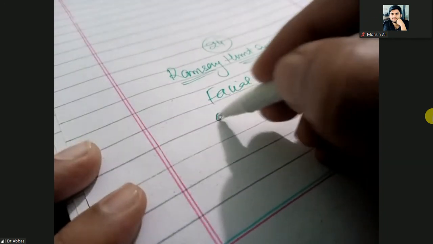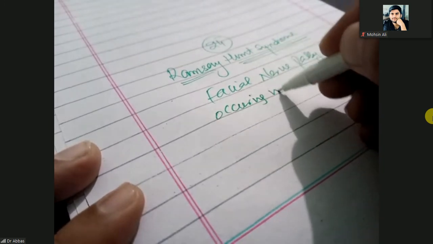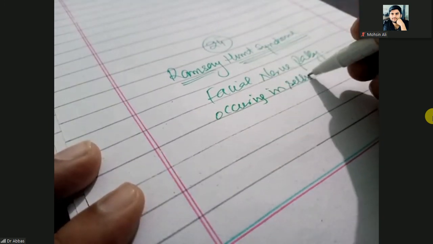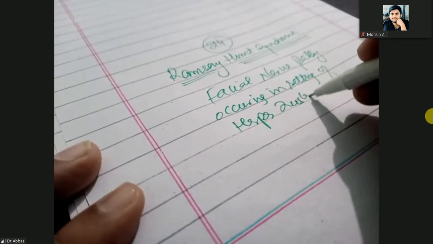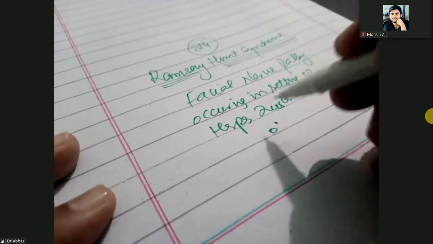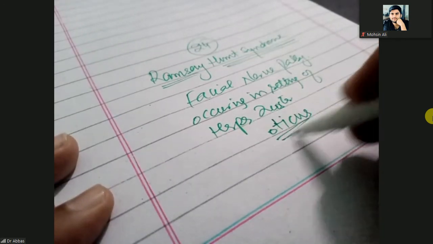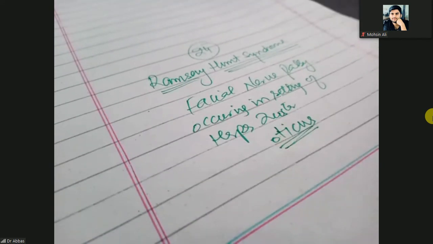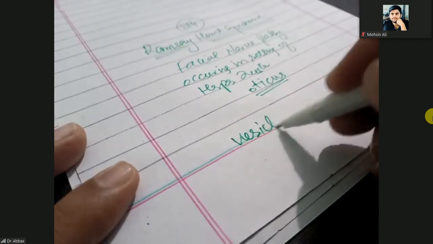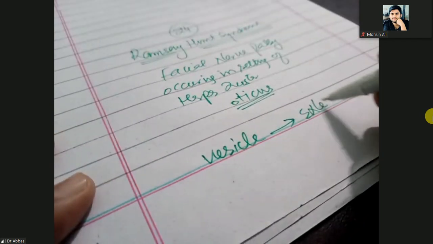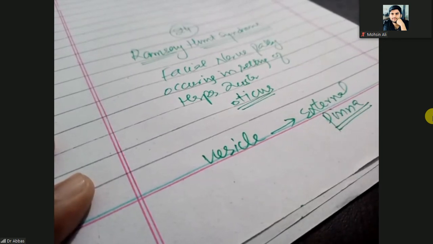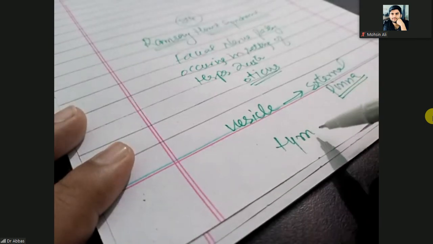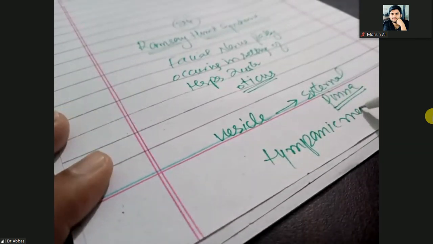Facial nerve palsy occurring in the setting of herpes zoster oticus. Oti means ear, like otitis media. So what has happened? The vesicles are present on the external pinna, that is the external ear, and also on the tympanic membrane.